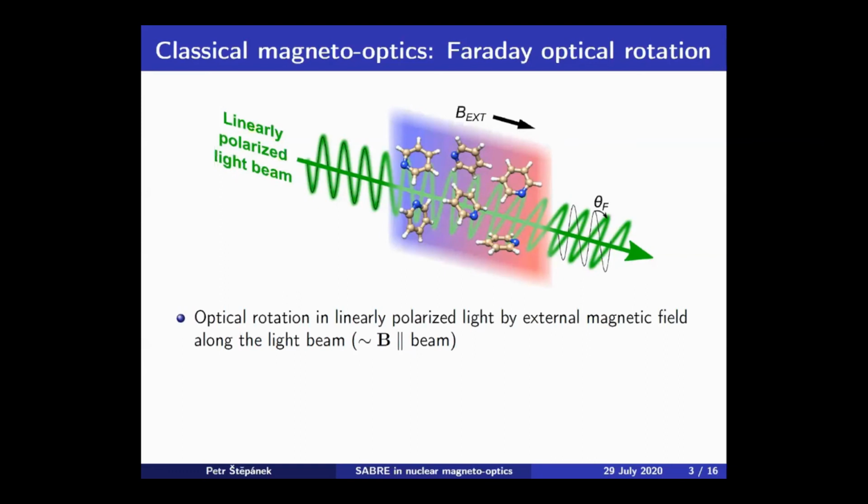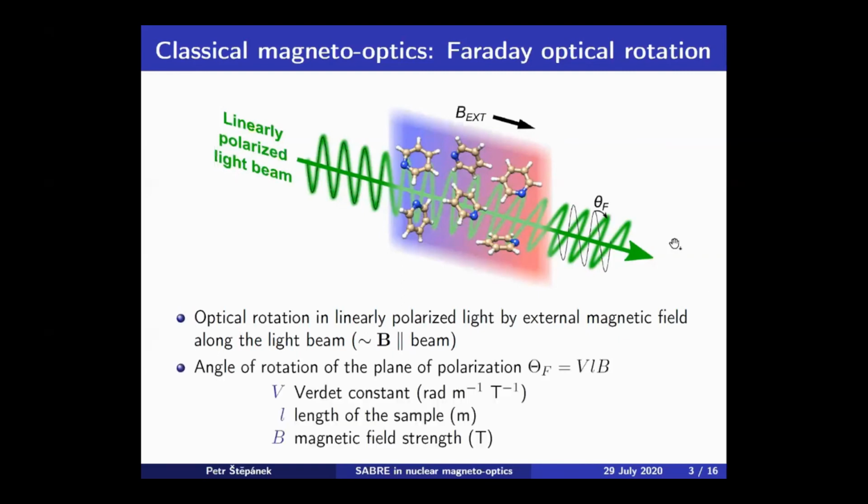It was observed by Michael Faraday, and it is an example of a classical magneto-optic effect. That means that it is a change of the state of light caused by a magnetic field. The angle of rotation that happens here can be described by three parameters. First, we have a material constant, which is called the Verdet constant.